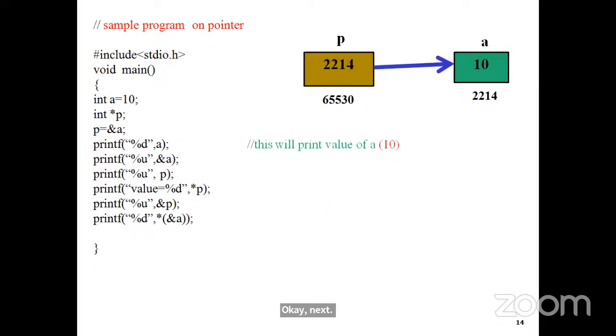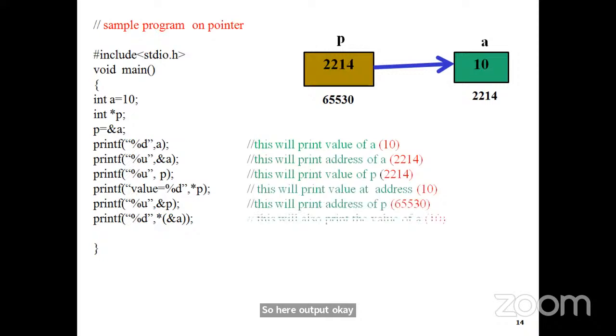Next. So here, output. We already gave this. What is the output here? A value will be here. Print A means 10. Address of A means 2214. Here P means 2214, star P is 10, and address of P is 65530, and this will also print 10. If you want, you can write this down.